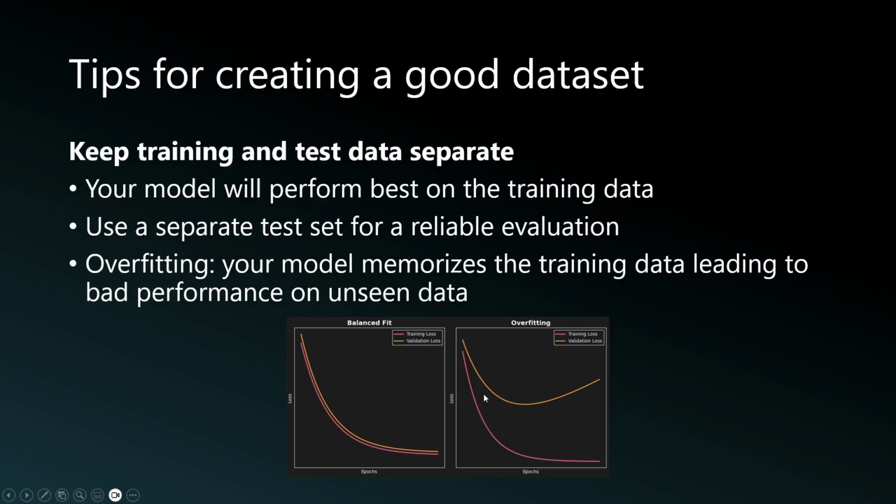But on the other hand, here in the overfitting case, we see that the mistakes on the training data become less and less and less. But there's some point where the mistakes on the validation data starts to increase again. And that's exactly the point where the model starts forgetting the general rules and memorizes the training data.